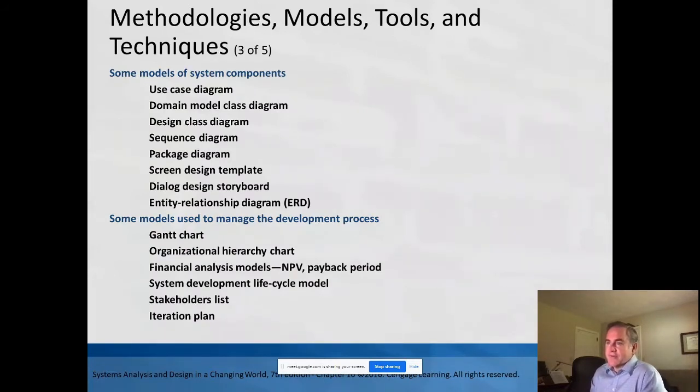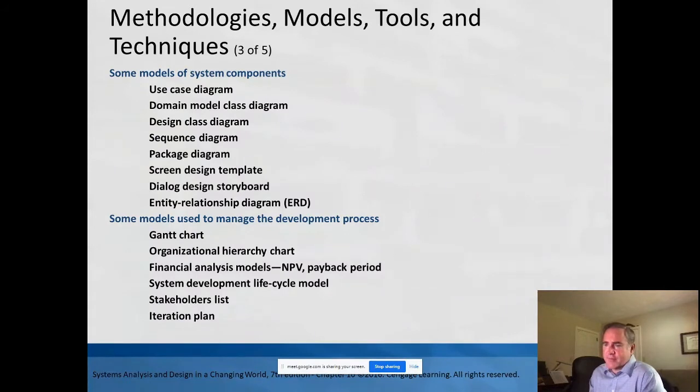You might include the sequence design class diagrams. On the data side, you might include the entity relationship diagram and the design class. And then from the interface side, you might have the dialogue design storyboard and the screen design template. So they all have a place as to why you have them.